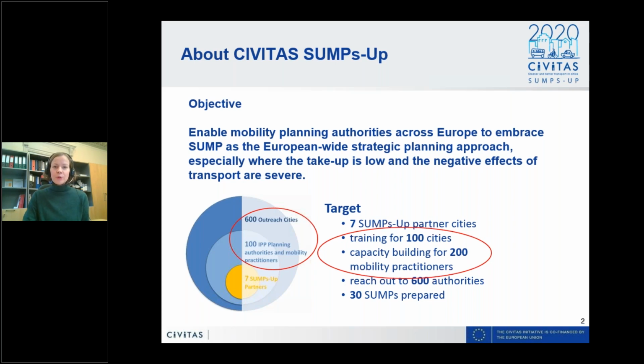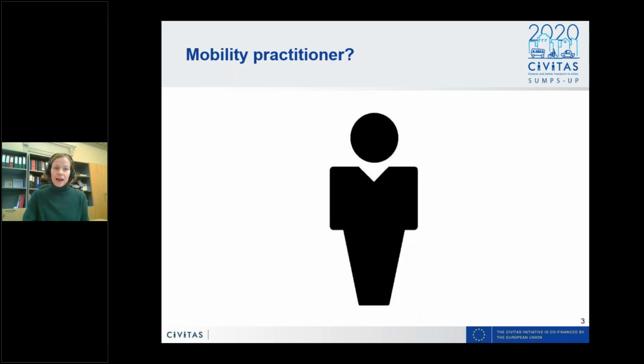And during the project, we aim to train 100 cities and also offer capacity building for at least 200 mobility practitioners. And what is a mobility practitioner? We define a mobility practitioner as somebody who might be working for the city and working with mobility planning or related fields, and who is interested to learn more about SUMPs.